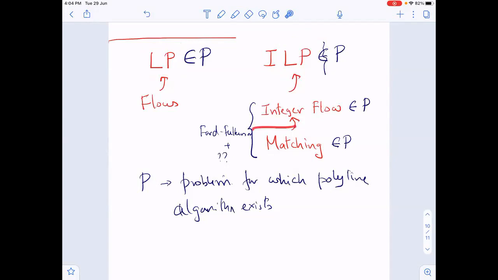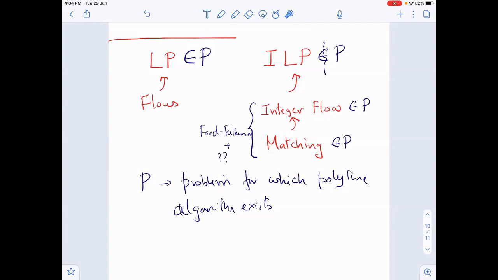If you can reduce it to an integer flow problem, then it is also fine. There are algorithms which are standard tools to solve integer flow problems, and that can be done. So your job is to identify problems to which it can be reduced.